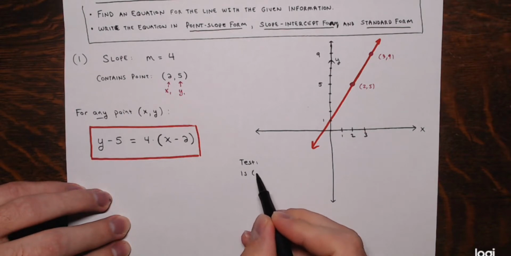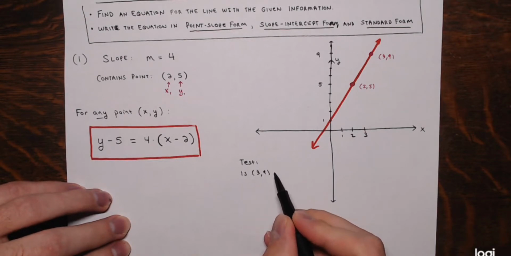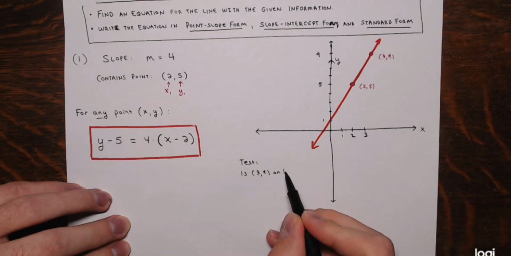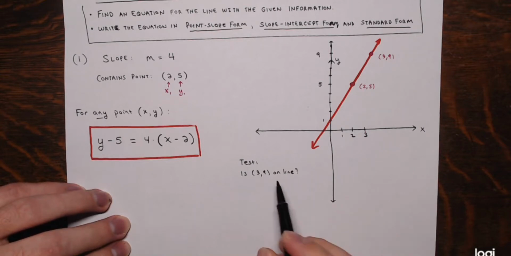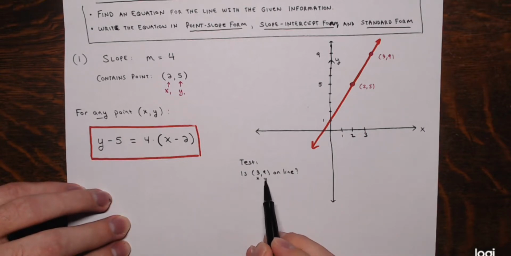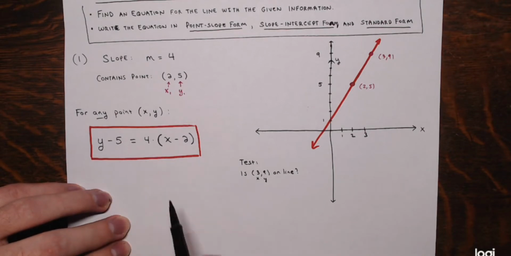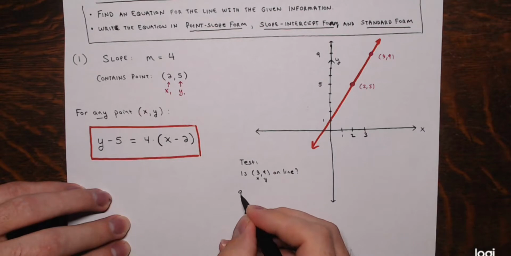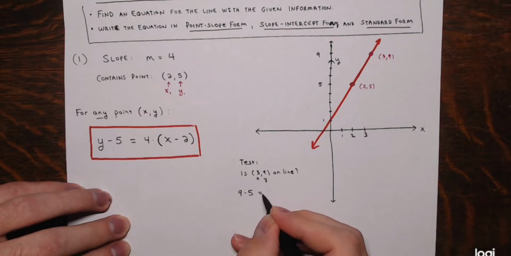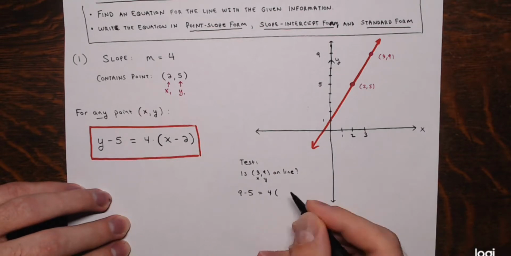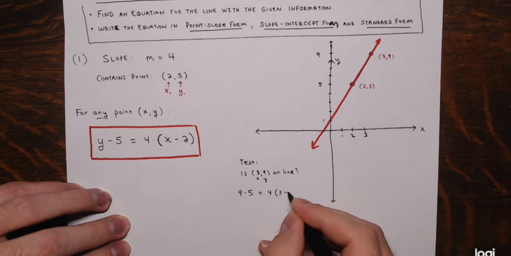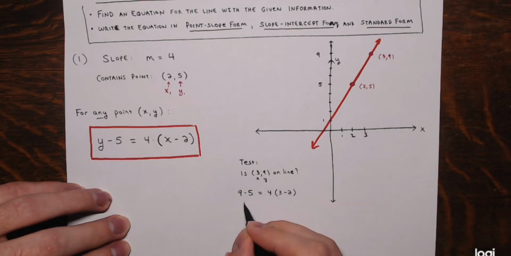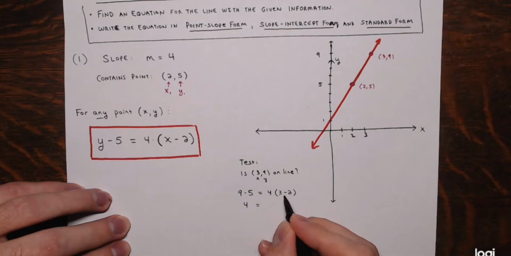Is the ordered pair (3, 9) on the line? Plug in 3 for x, 9 for y in the equation I just drew. On the left side, you have 9 minus 5, equals 4 times the quantity 3 minus 2. Left side is 4. The right side is 4 times 1, which is also 4. The answer is yes.